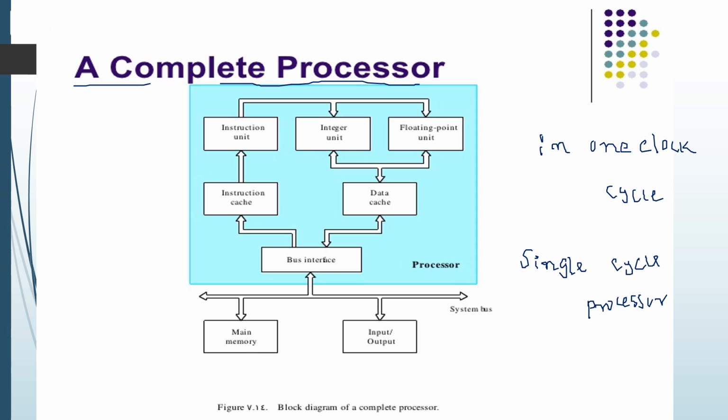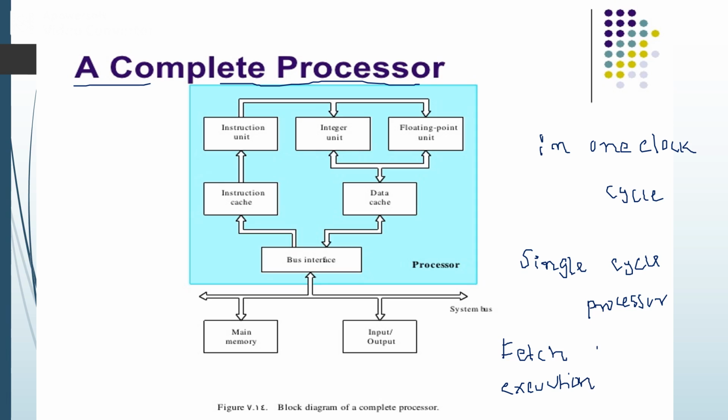The performance improvement can be achieved if fetch as well as execution phases are overlapped. So we have two phases while executing any instruction. The first one is the fetch phase, the second one is the execution phase.